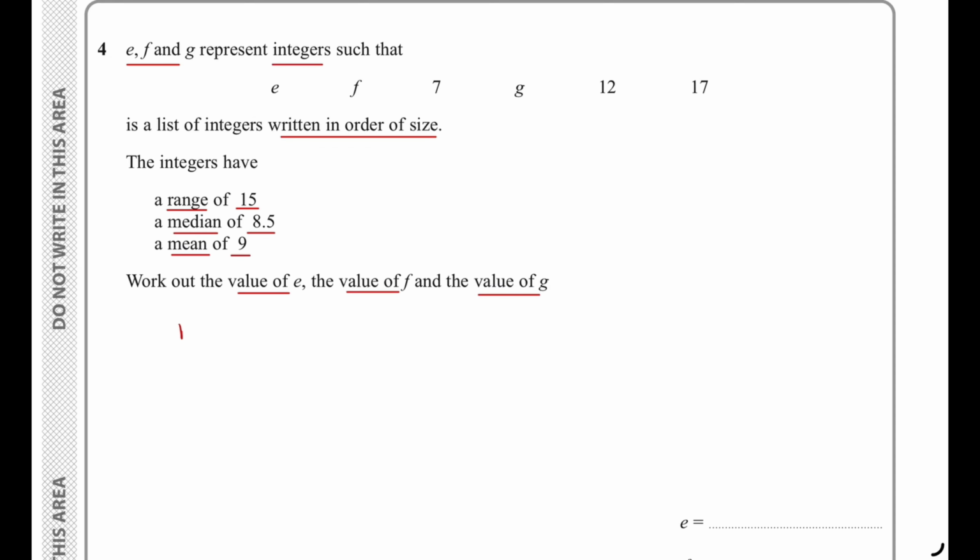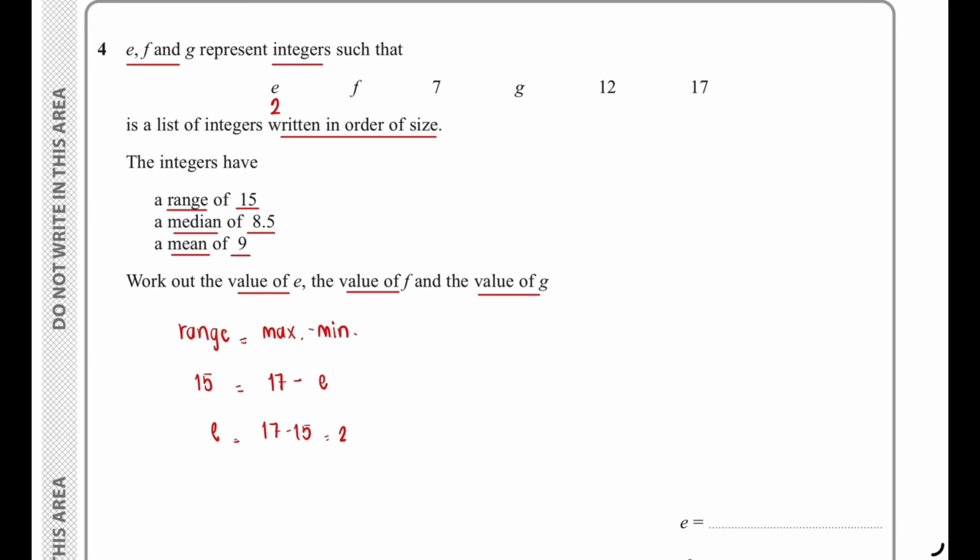Starting with the range first, range equals maximum minus minimum. In this case, we have range equal to 15, maximum is 17, minus minimum, which is E. So E equals 17 minus 15, which is 2.